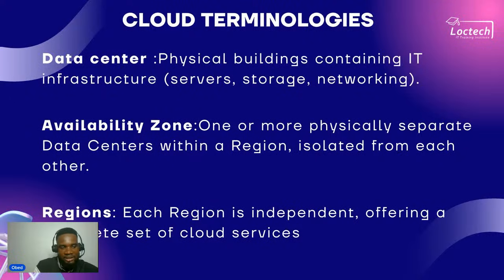Now, you have these data centers in these three different locations. We can call Port Harcourt, Lagos, and Abuja an availability zone because in these three locations, we have data centers present, while a region can be seen as an independent location offering different sets of what? Cloud services. Now, let's go back to our definition of cloud computing. If you recall, we defined cloud computing as the use of computer resources over the internet.